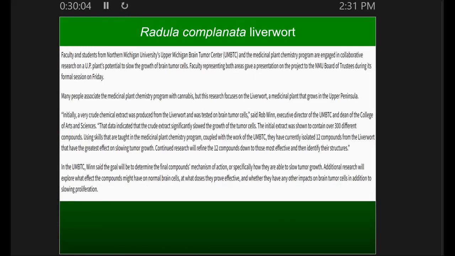As you can imagine, it would be pretty huge if they are able to continue this research, narrow down that extract, and then it could be something that could be safely used in brain tumor reduction. Really exciting work, and hopefully it will grow into something that's going to be effective.